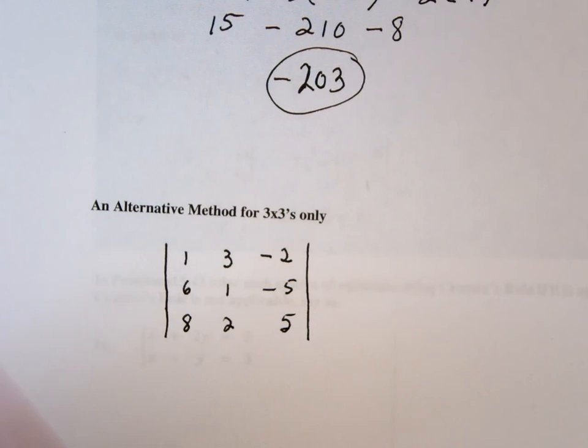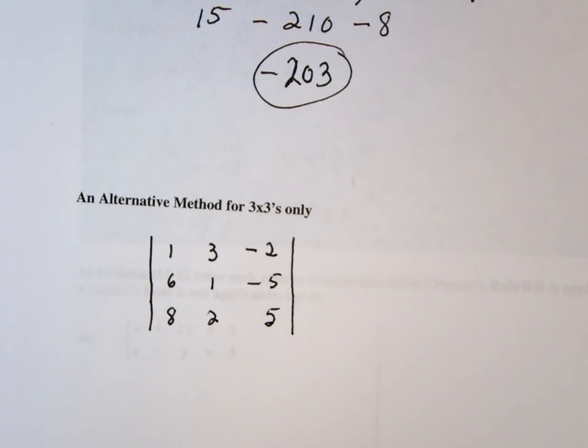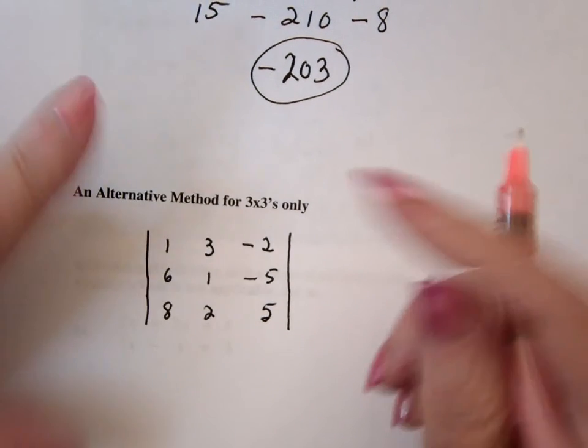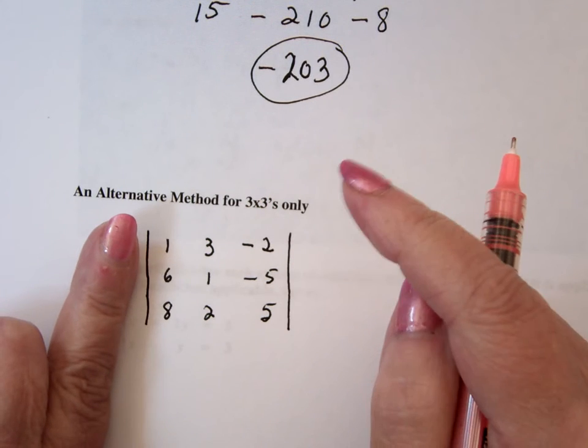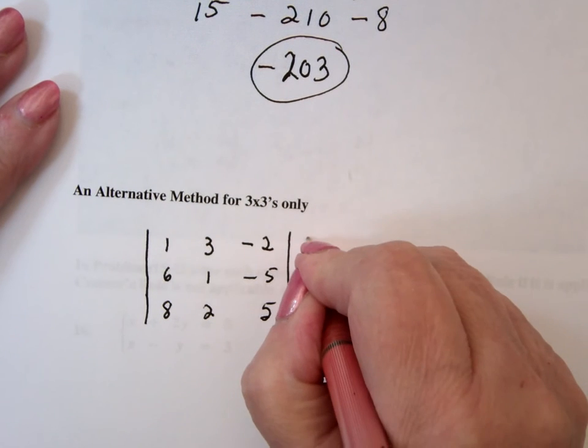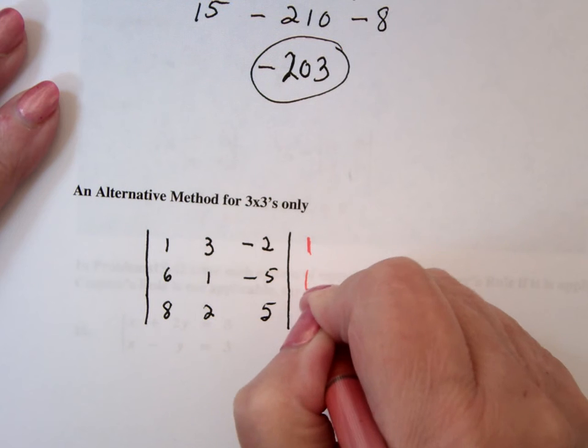So there's my determinant. Now, this only works for 3 by 3s. Only for 3 by 3s. And this is what you do. You take, and it's amazing how it works, the first 2 columns, and you rewrite them to the outside of the determinant.